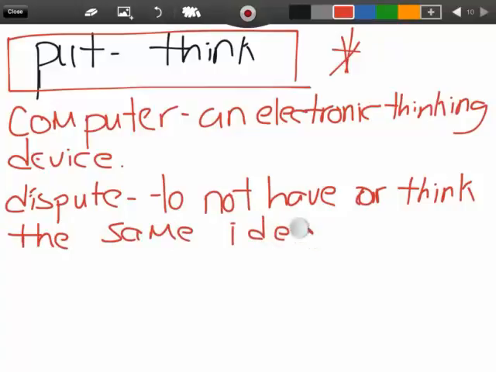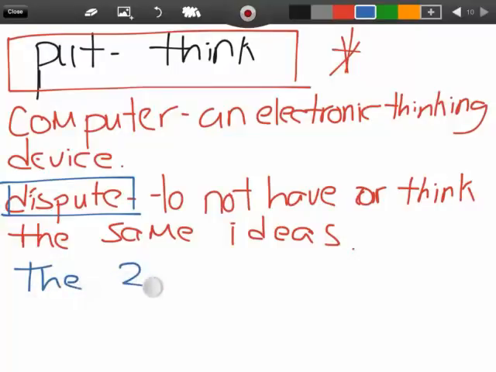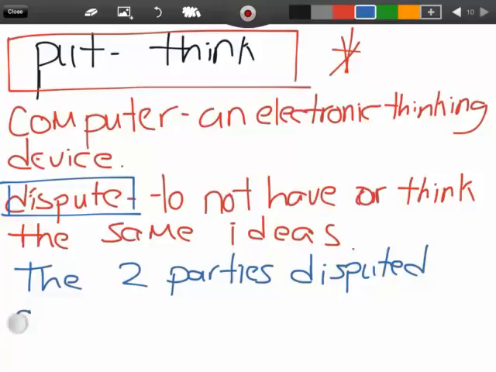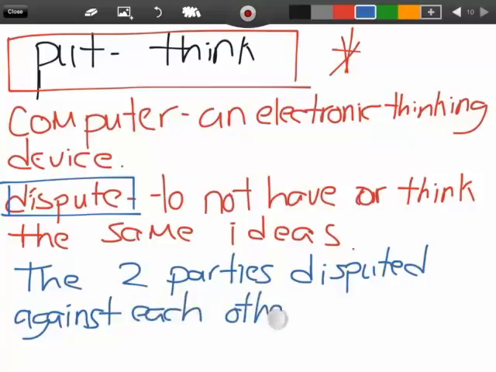I'm going to use dispute in a sentence. The two parties disputed against each other and the Parliament.